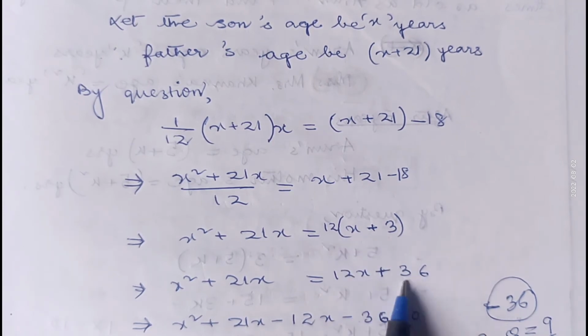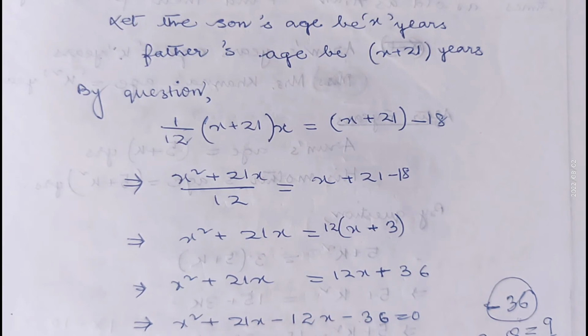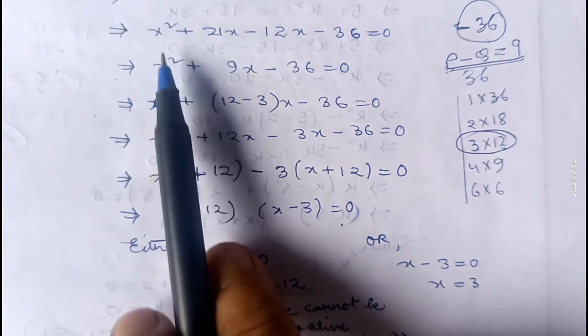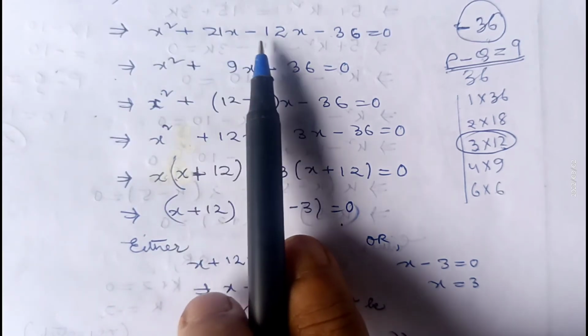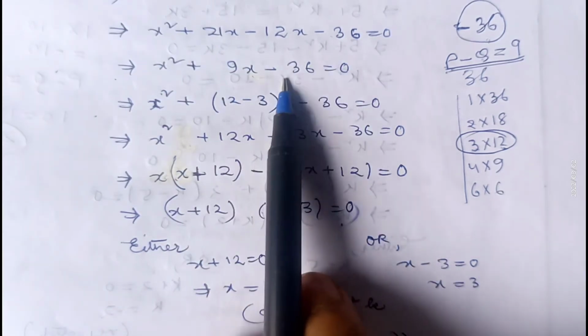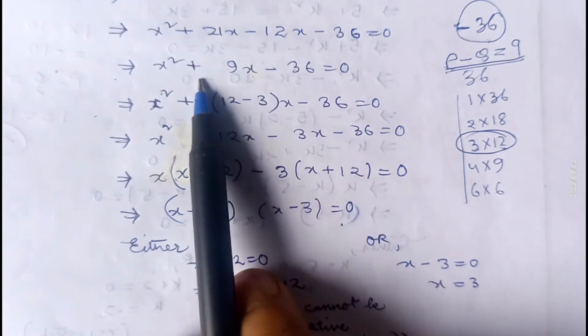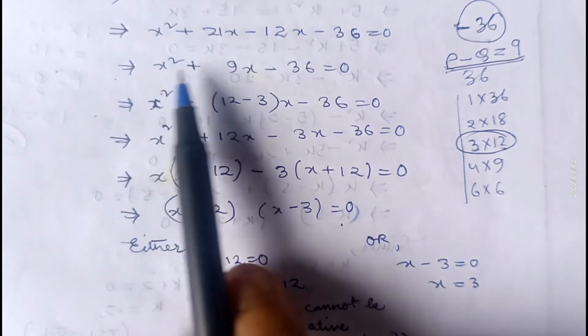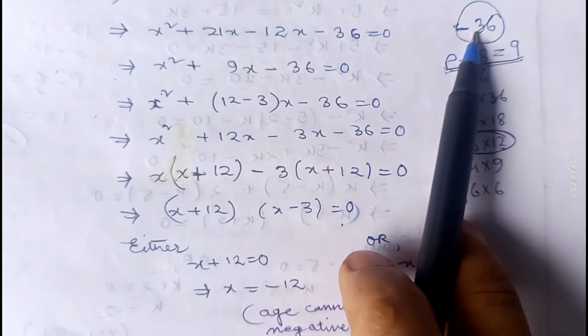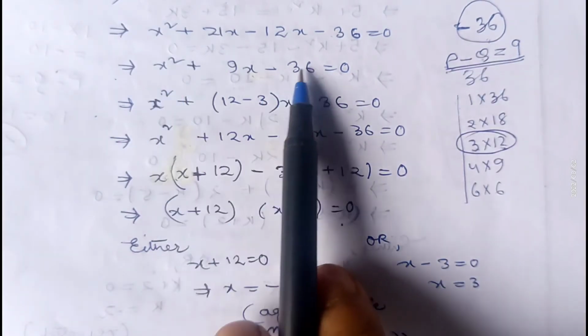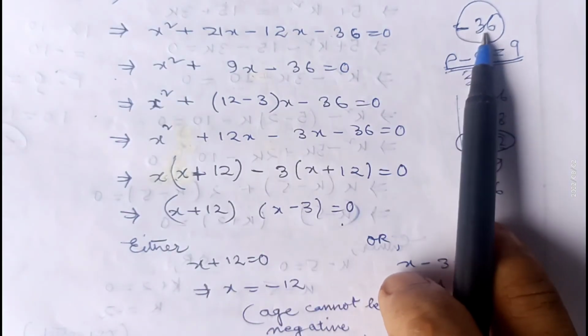Now if I transfer this to the other side, it will be x square plus 21x minus 12x minus 36 equals 0. So in the next line it will be x square plus 21 minus 12, that is 9x, minus 36 equals 0. Now coefficient of x square is 1 and constant term is minus 36. So if I multiply 1 and minus 36, it will be minus 36.